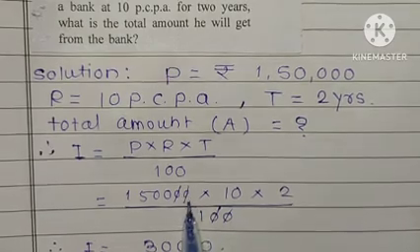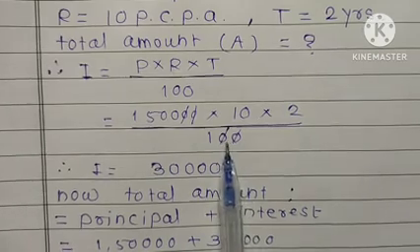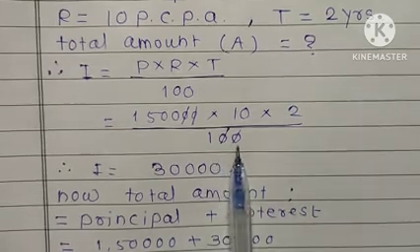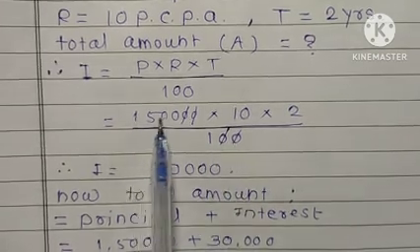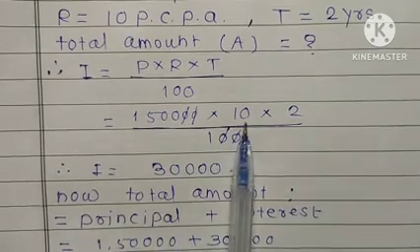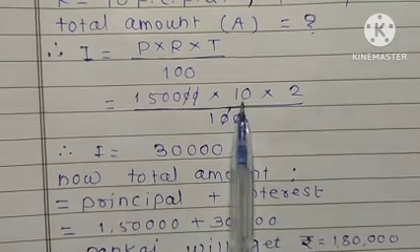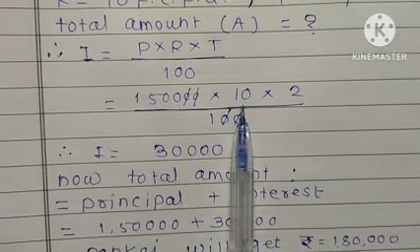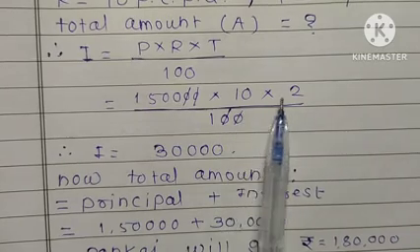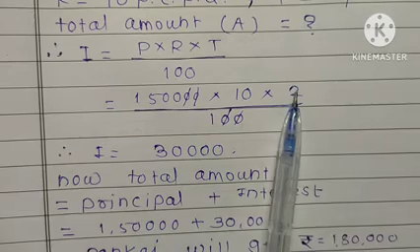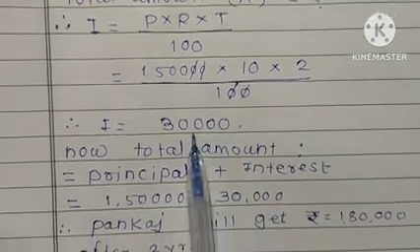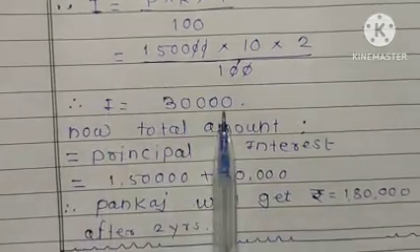Cancelling these two zeros from numerator and 2 zeros from denominator. So here 1500 into 10 into 2. Now 1500 into 10, that is 15,000. 15,000 into 2, that is 30,000. So I is equal to 30,000.